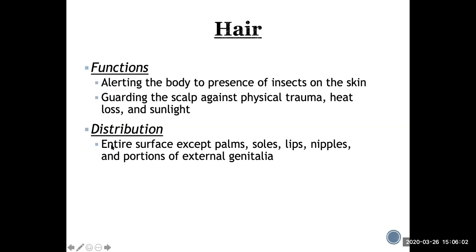So the entire surface of your body has at least a fine layer of hair, except for the palms of your hands, the soles of your feet, your lips, your nipples, and certain parts of your external genitalia. So parts that do not necessarily need that kind of protection, or parts in which that kind of protection would actually interfere with you trying to do certain things, right?